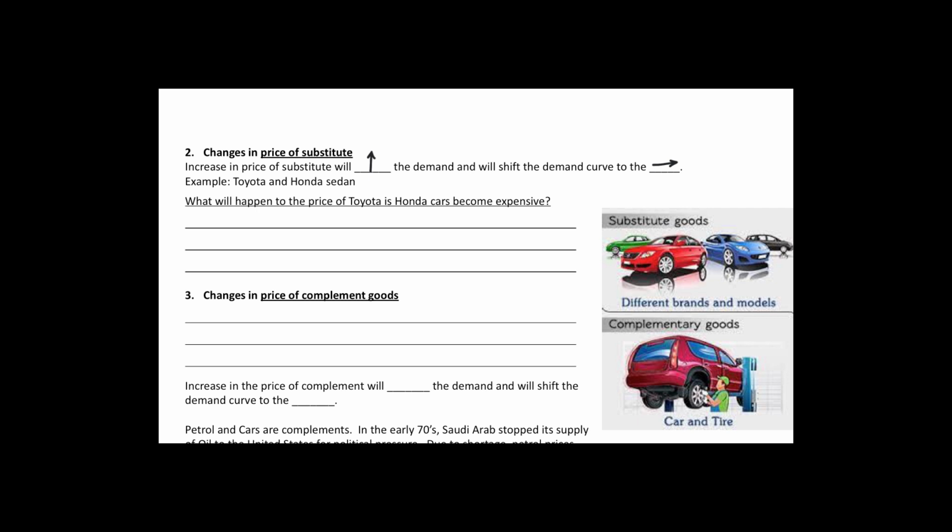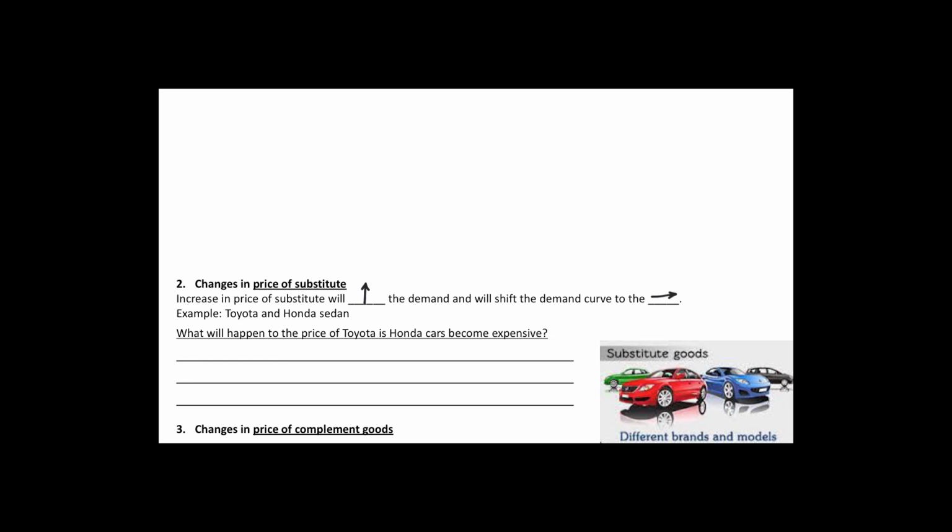So from the diagram point of view, this is what's happening. Let me make two diagrams and show you exactly what you are required. Okay, so what will happen to the demand of Toyota if Honda becomes expensive?